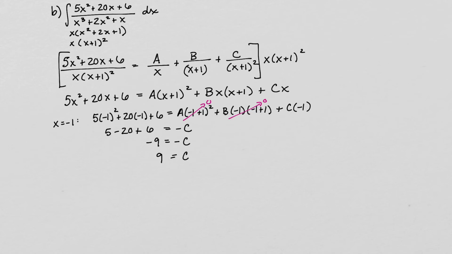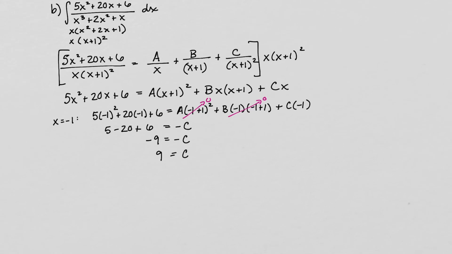Are there any other nice values that we could use that might make some things go away? Yeah, 0 is another nice value. So if we let x be equal to 0, we're going to have 5 times 0 squared plus 20 times 0 plus 6 is equal to A times 0 plus 1 squared plus B times 0 plus 1 plus C times 0.